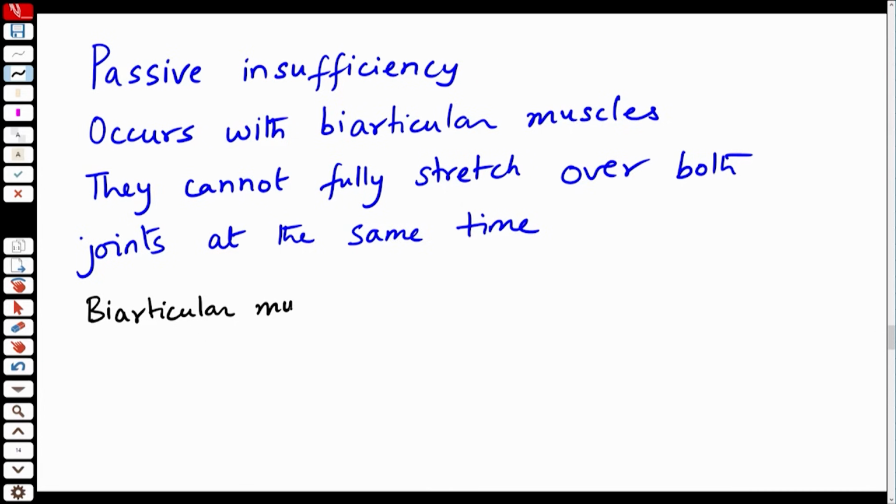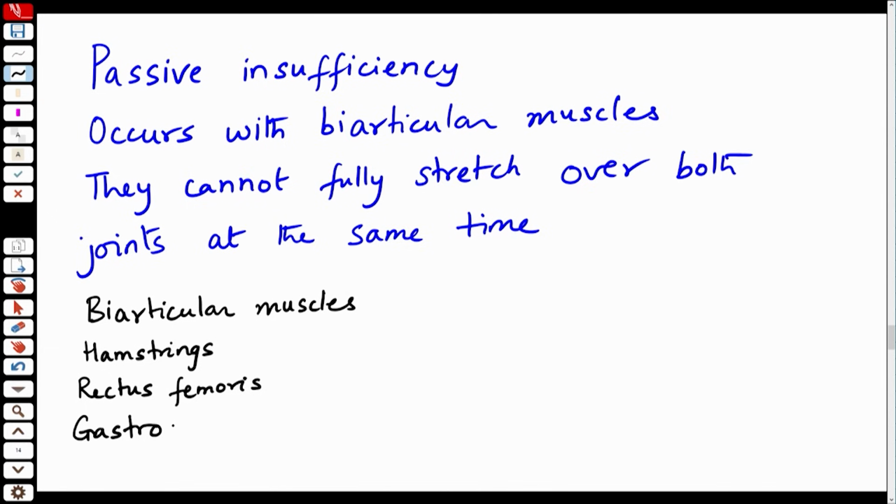Some examples of biarticular muscles, and you can try some of these, try experiencing the passive and the active insufficiency: you have the hamstrings, you have the rectus femoris which belongs to the quadriceps, and you have the gastrocnemius muscle which is your calf muscle.